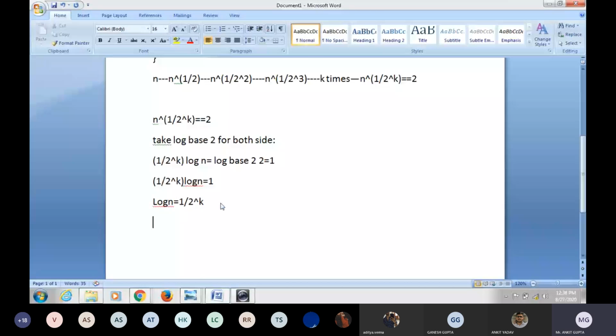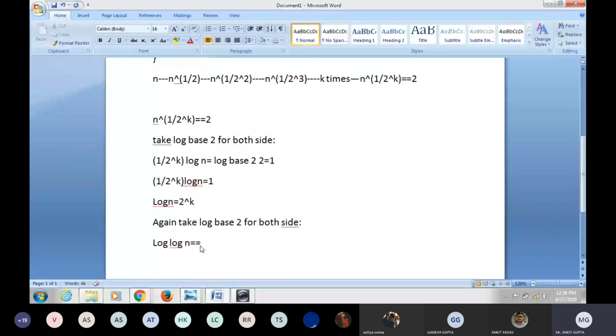Now again take log base 2 for both sides. Getting? So log n on the left side, and on the right side here will come only 2 raised to the power k. Are you getting?